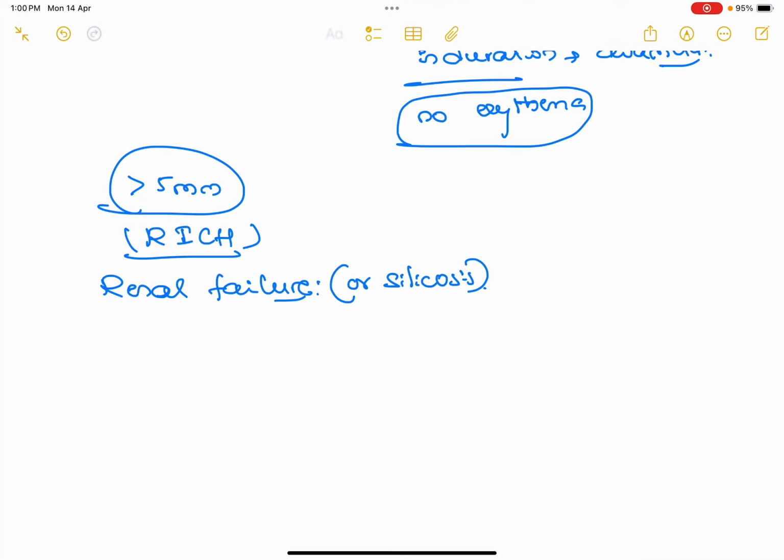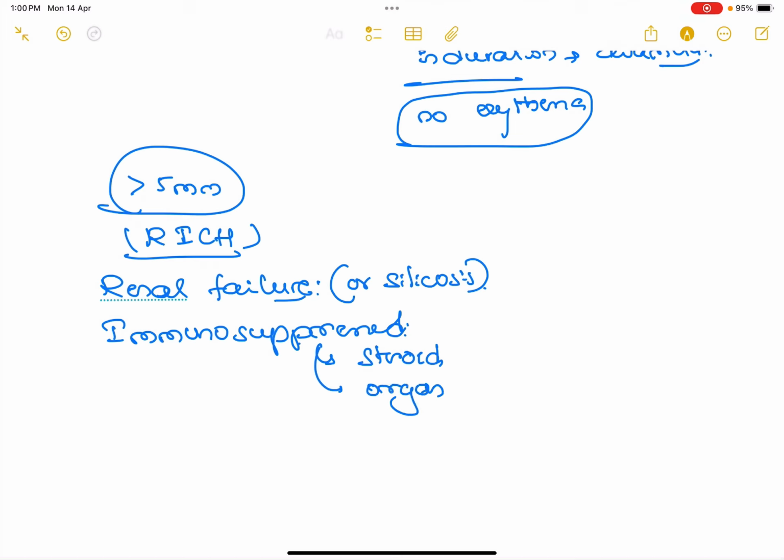I stands for immunosuppressed patients. Who are these immunosuppressed patients? Those who are on steroids, or organ transplantation recipients.